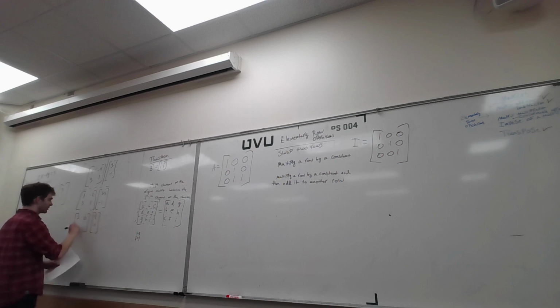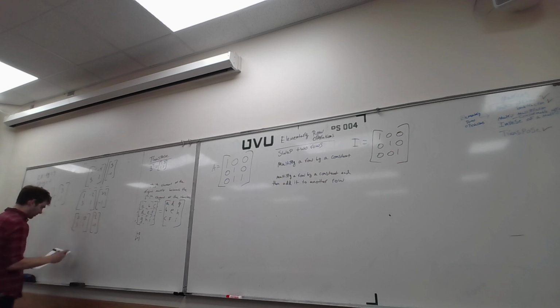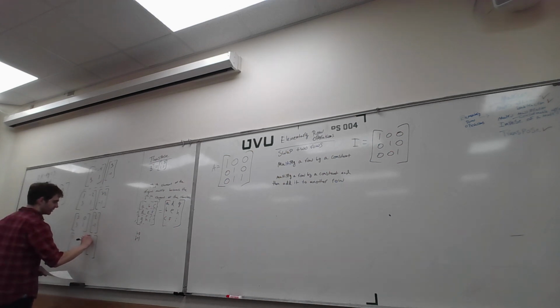And I haven't changed anything on the bottom yet. 3, 1. Okay. I'm going to take the top row and multiply it by 3. So I'm going to get 21, 0, and 3, negative 3 halves, right?